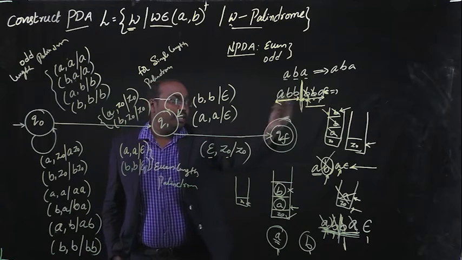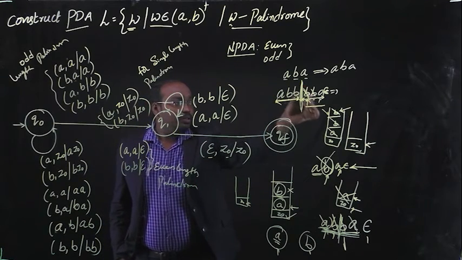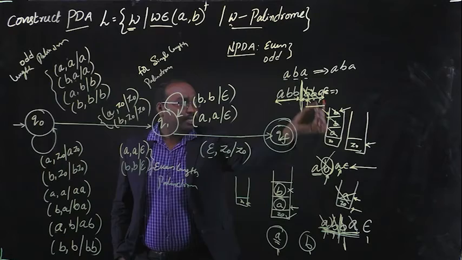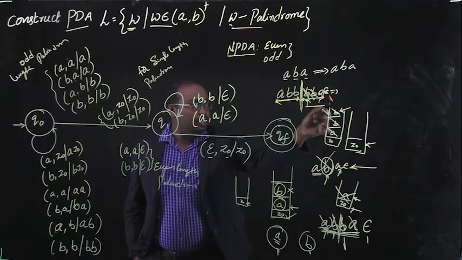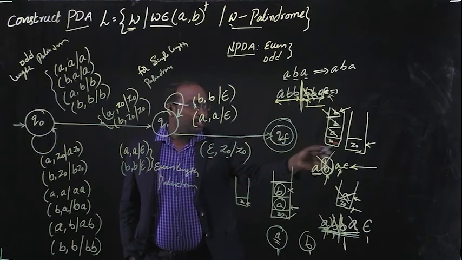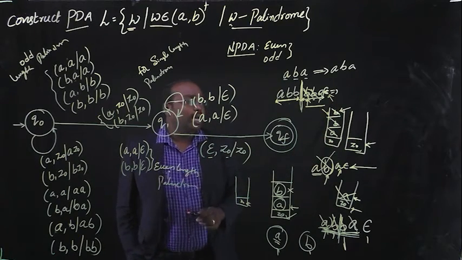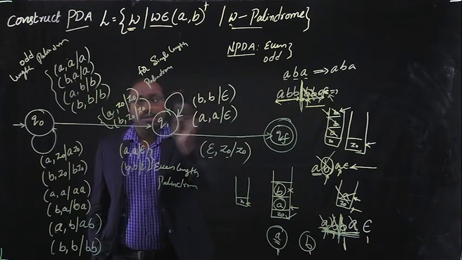So all the matched elements should be removed from the stack, and A will be removed from the stack. So finally, whenever we see the input symbol is epsilon and the stack symbol is Z0, then we can accept the given string. So these are the possibilities.